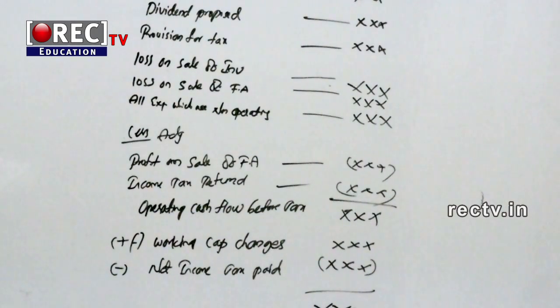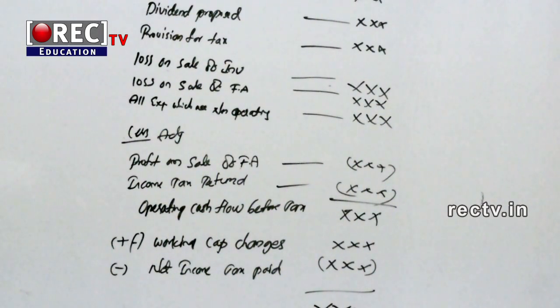as with loss on sale of fixed assets or investments, which we added back, likewise profit also we should deduct from the P&L account, because when you make a profit on sale of fixed assets or investments, it is an investing activity. It should be reflected in the investing activities, not in the operating activities.